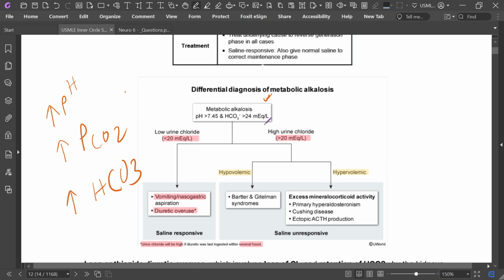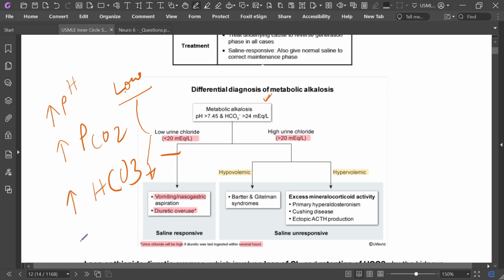Then the next thing you should do when you find a patient with metabolic alkalosis is check urine chloride. If urine chloride is low, that means less than 20, low, go slow.